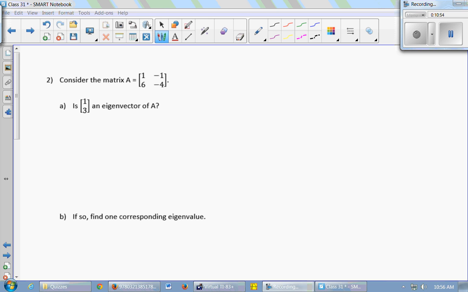Okay, so on to some more concrete examples. Is (1, 3) an eigenvector of A? So we should multiply A, (1, 6; -1, -4), by (1, 3). If it's an eigenvector, I should get a multiple of (1, 3) as a result.